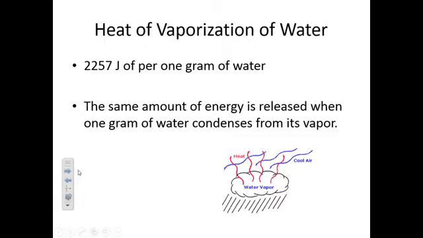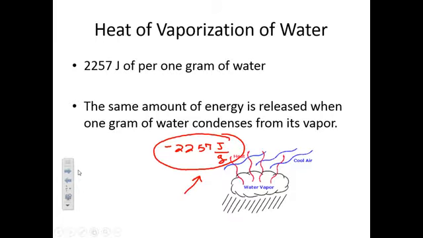So when it's released, it's releasing 2,257 joules per gram. Think of this when clouds form. This is a lot of energy per gram of water, and this is really the energy that drives storms.